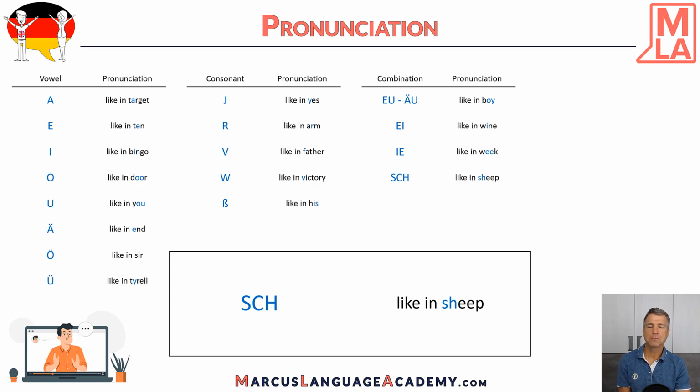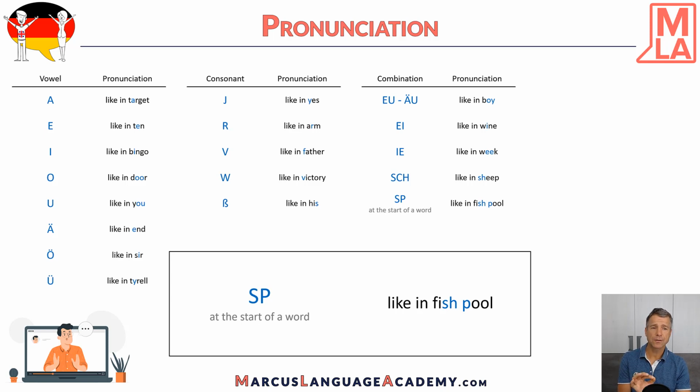SCH is pronounced like in sheep. When we have SP at the beginning of a word, it's pronounced like in fish pool, so shp. The same applies when we have ST at the beginning of a word, like in ashtray, so sht.